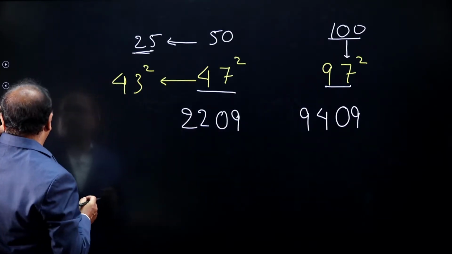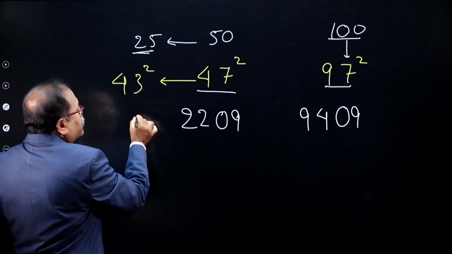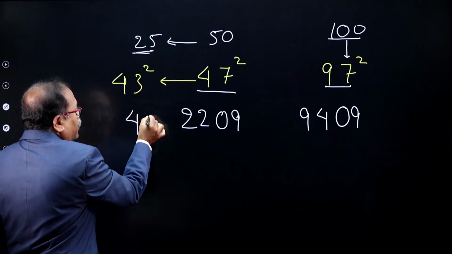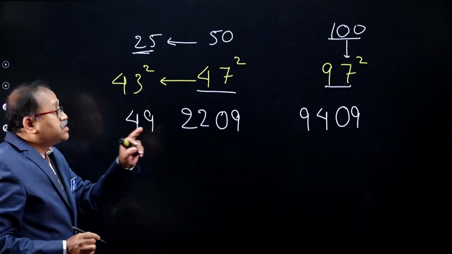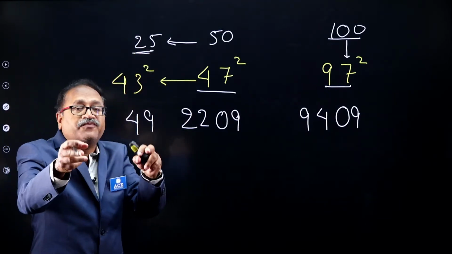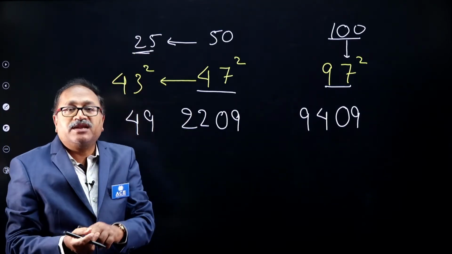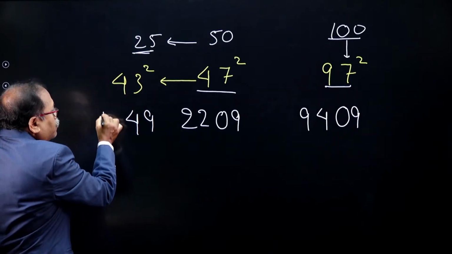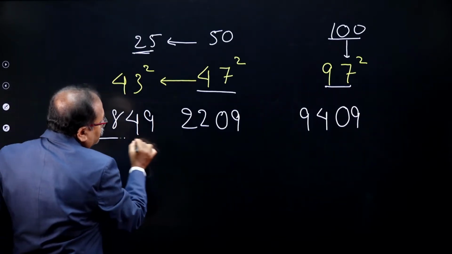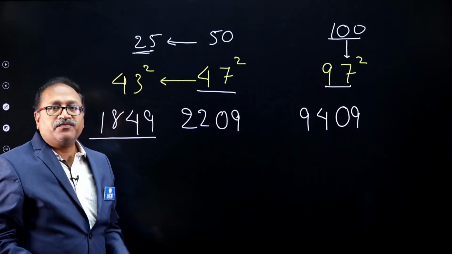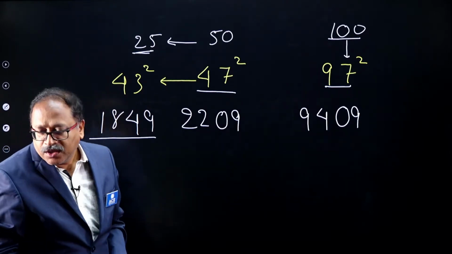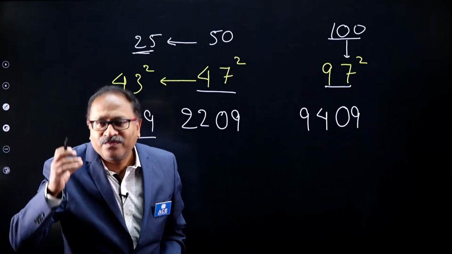So what is 7 square? It is 49. And the 7 should be subtracted from 25. So that is 25 minus 7, which is 18. So write down 18 over here.